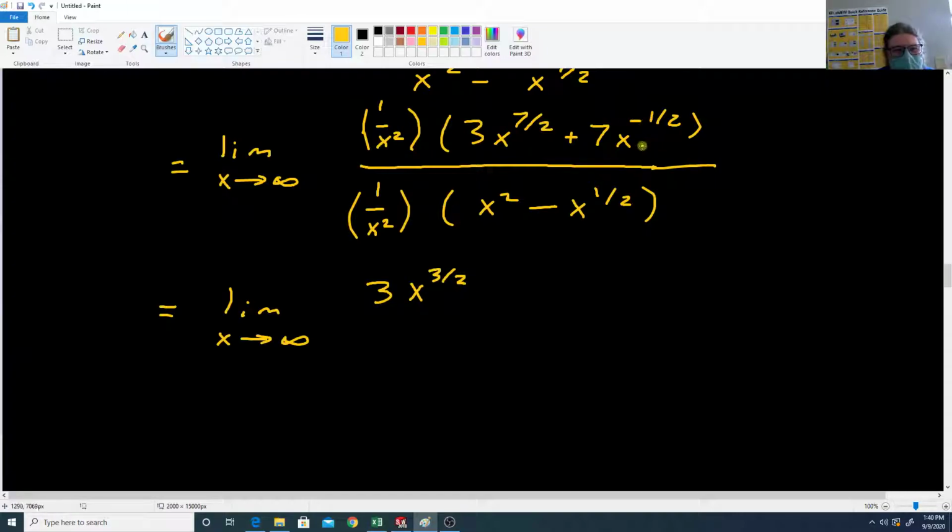This will move over here to plus 7. When you have a negative exponent, that's down in the bottom. So we have x to the 2 x's plus an additional half down in the bottom. So that's 2.5, which we could say is x to the 5 halves.